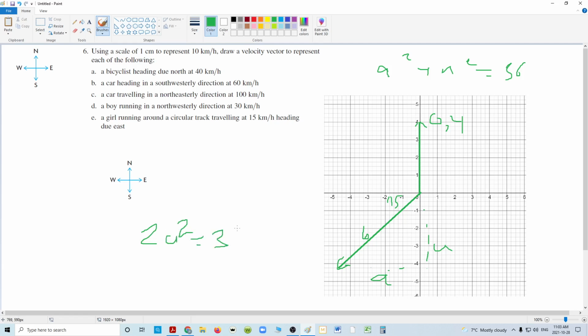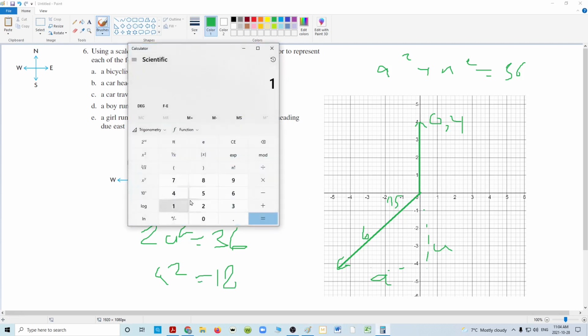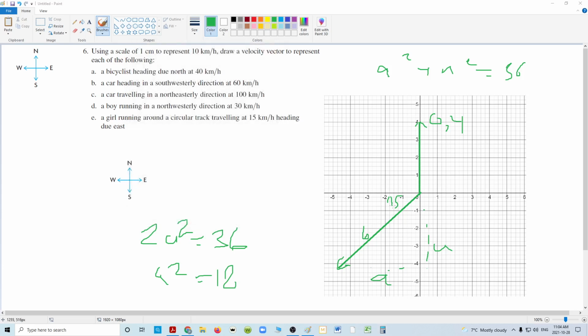The reason they're equal is because you went 45 degrees. Therefore, A squared is equal to 18. So what's the square root of 18? 4.24. So you'd go about 4.24 here, 4.24 here, and you'd cross it. So this right there would be accurately 6.